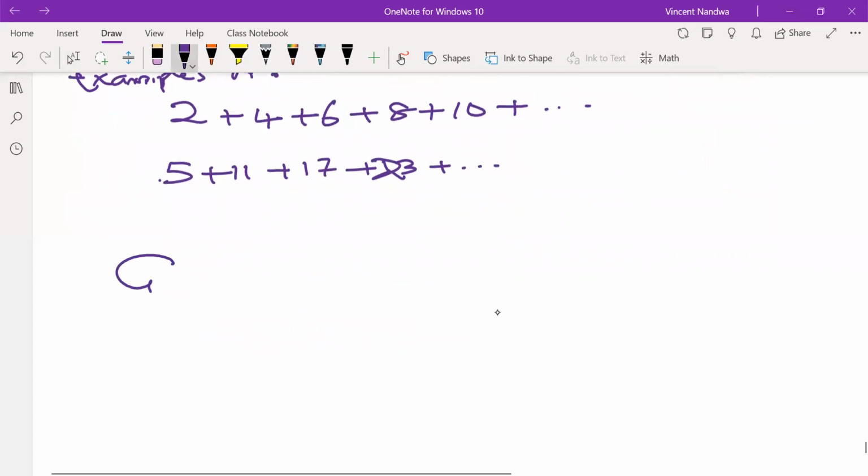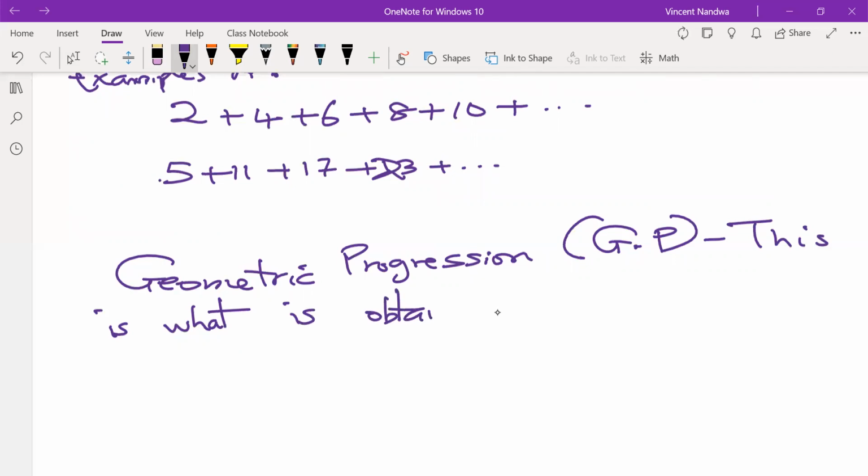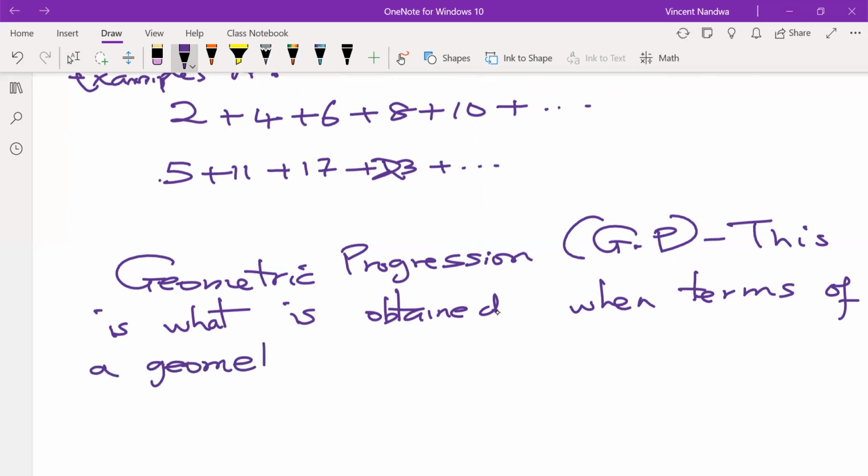Then geometric progression, the so-called GP. This is what is obtained when terms of a geometric sequence are added.